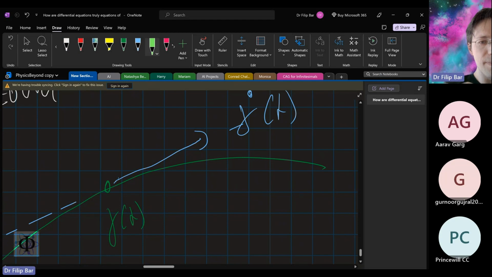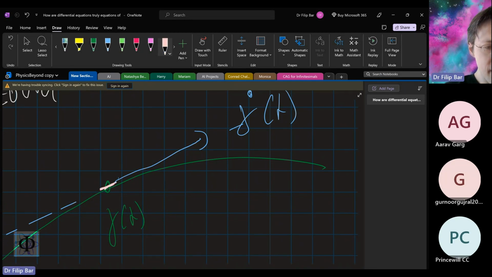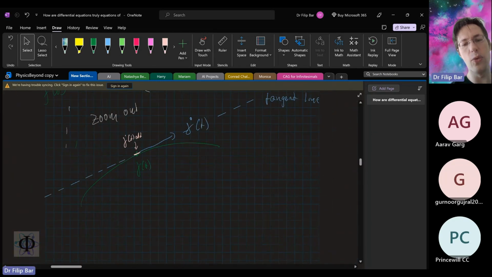So this is gamma dot of t dt, the infinitely small time step.